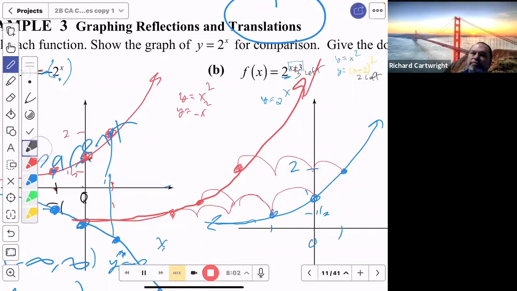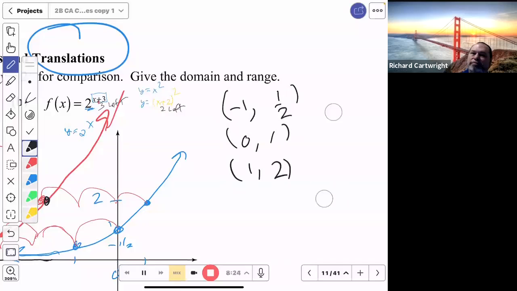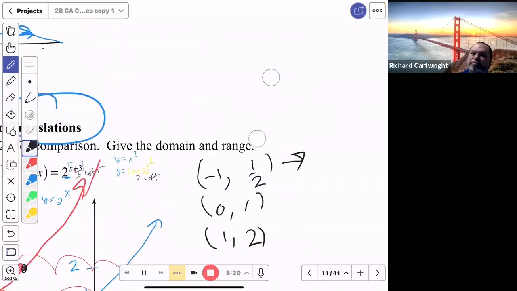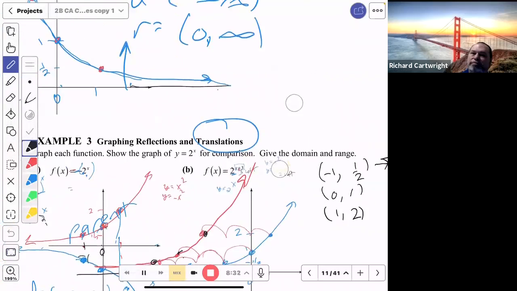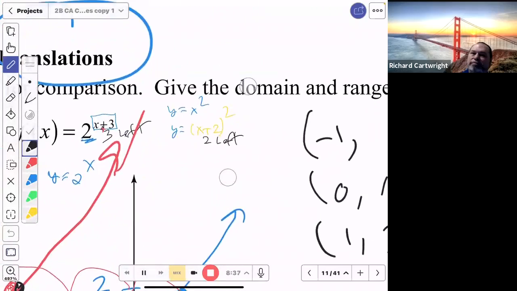Now, if you really want to be a good student, what you would do is figure out what those ordered pairs are. That would be really nice. My ordered pairs were -1, 1/2, 0, 1, and 1, 2. The new transformed points were taking away how many from the x when I went left? 3.